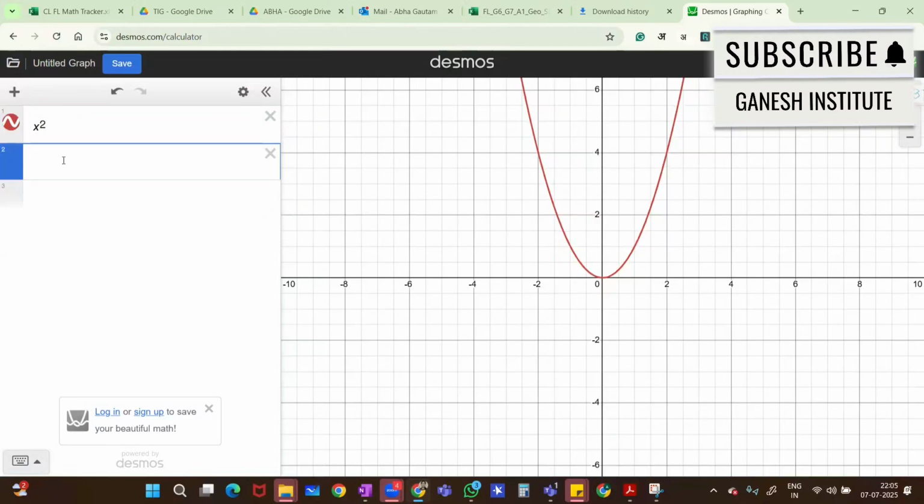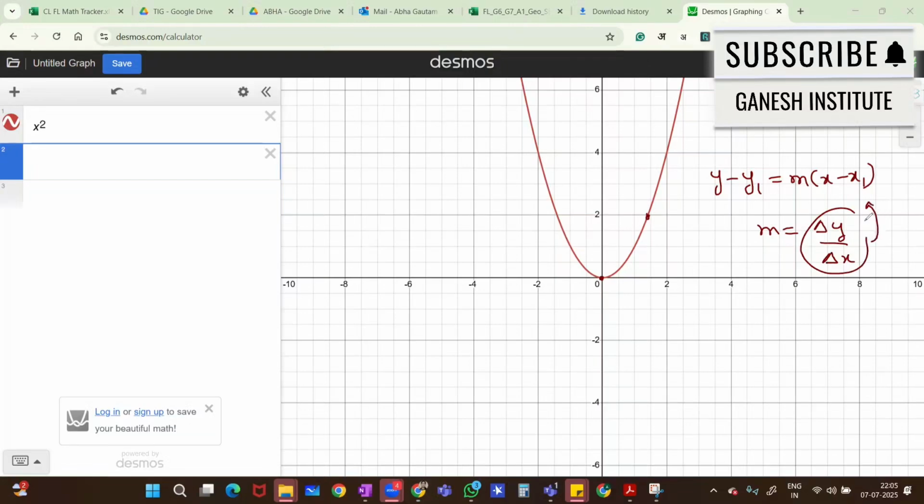Now I want to make a tangent. Do you know how we find the equation of any line? So let's say if I have to find the equation of the line touching this point or this point, then the formula is y minus y1 equals m into x minus x1, where m is the slope and we know slope is change in y over change in x.